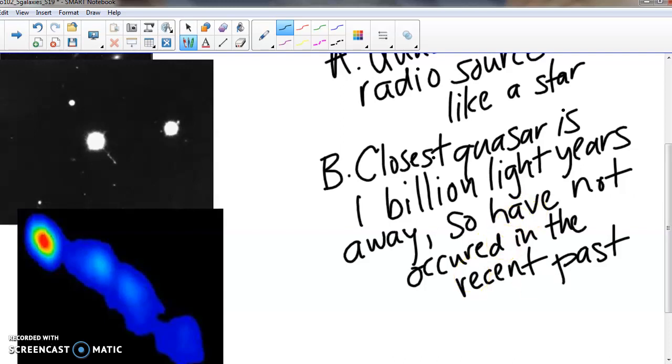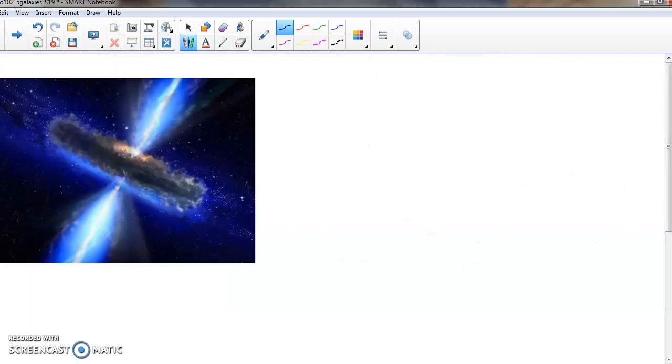Interesting. Okay, let's build on that a little bit. So if it is really that far away, just looks like a bright dot in the sky, it must be incredibly, incredibly bright.